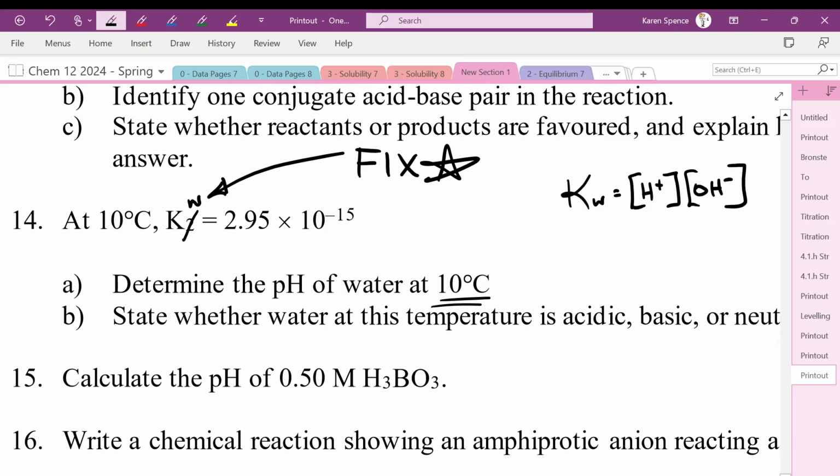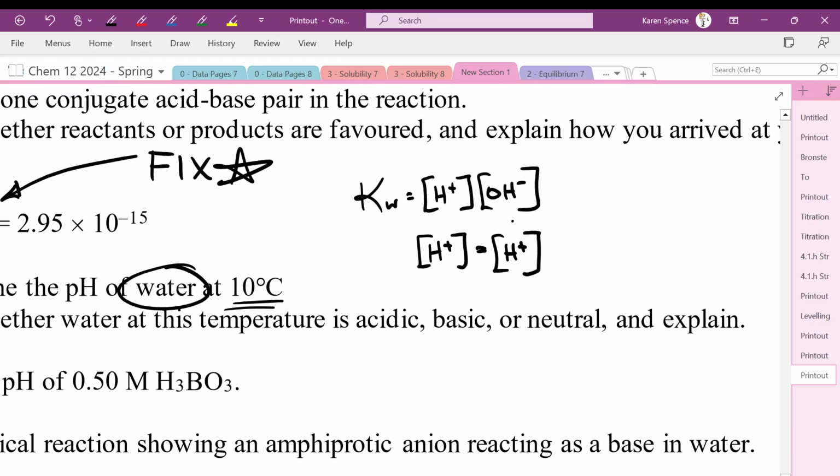Now, if this is water, what do we know about the H and the OH? They are equal to each other. And if they are equal to each other, what can I do here? I can make it H times H. So I have KW is equal to concentration of H times concentration of H.